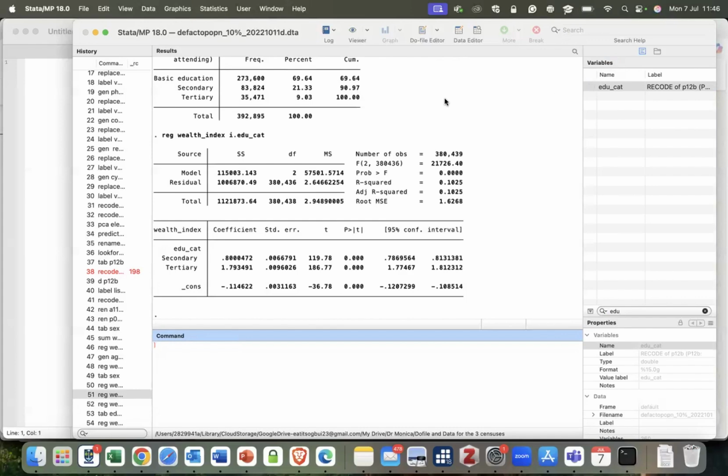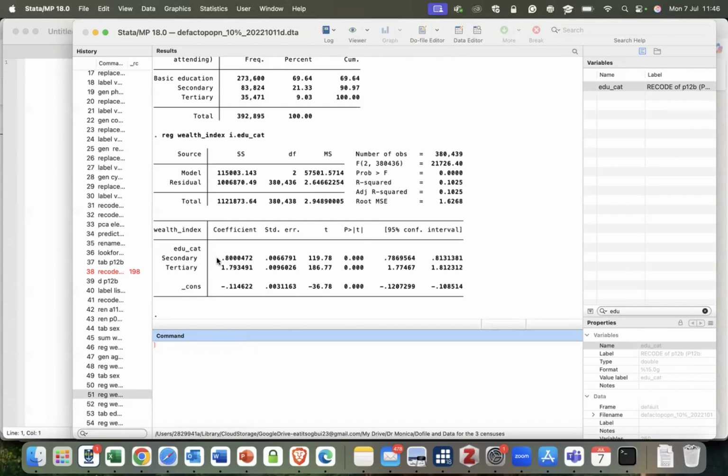The p-value here is clearly below 1%. The coefficient for secondary education is 0.8 and that of tertiary education is 1.79. Intuitively, it makes a lot of sense, meaning that as you attain higher levels of education, your wealth status increases.